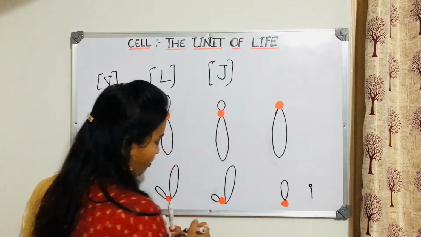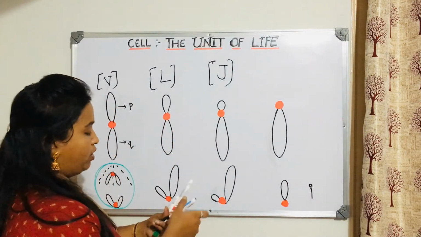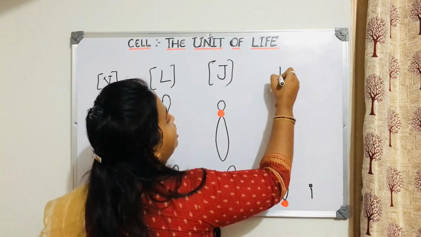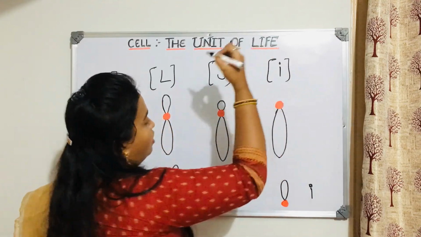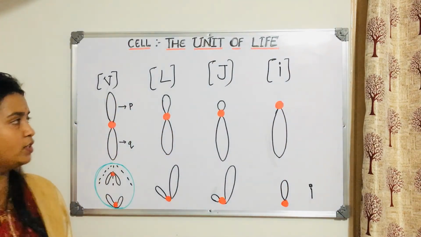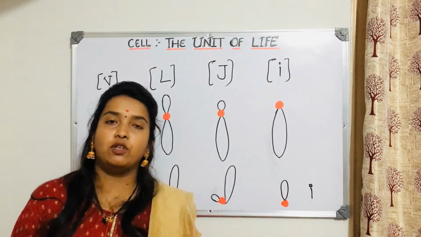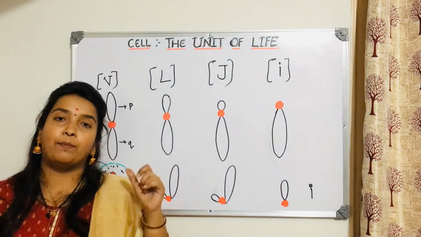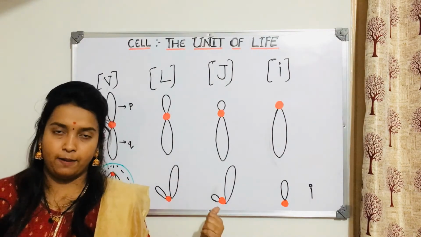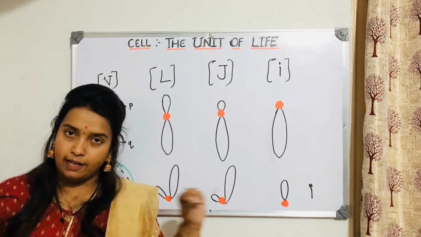Especially, it is not found in human beings. This is called an I-shaped chromosome, small i. So this is about the types of chromosome based on the position of the centromere. I hope I made it clear.